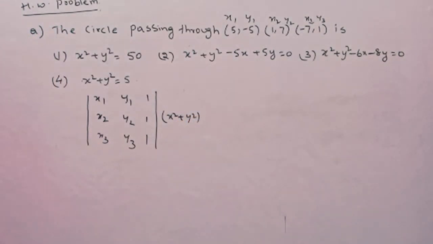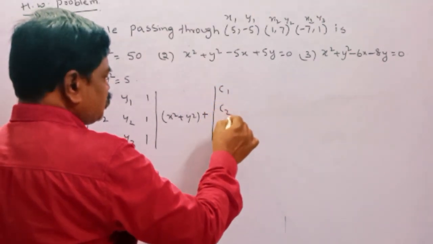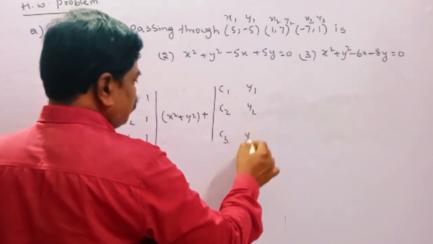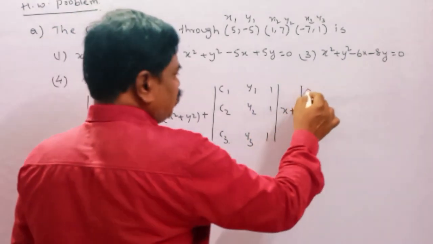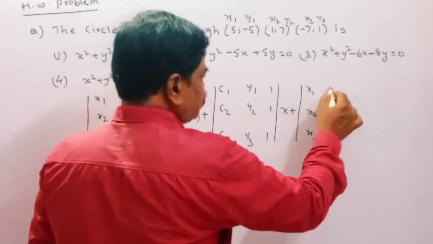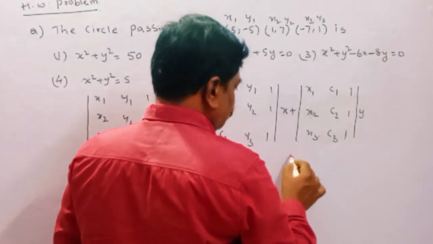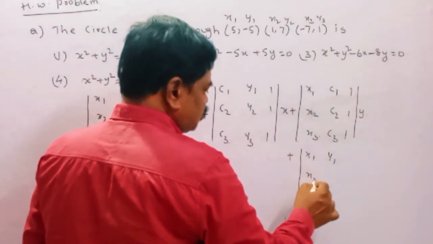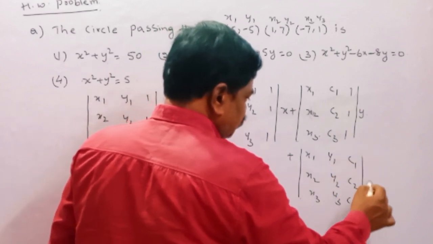We have to find this determinant, plus the determinant of C1, C2, C3 and Y1, Y2, Y3, 1, 1, 1 of X, plus the determinant of X1, Y1, X2, Y2 and X3, Y3, C1, C2, C3, 1, 1, 1 into Y, plus the constant term as x1 y1, x2 y2, x3 y3, c1 c2 c3, is equal to 0.